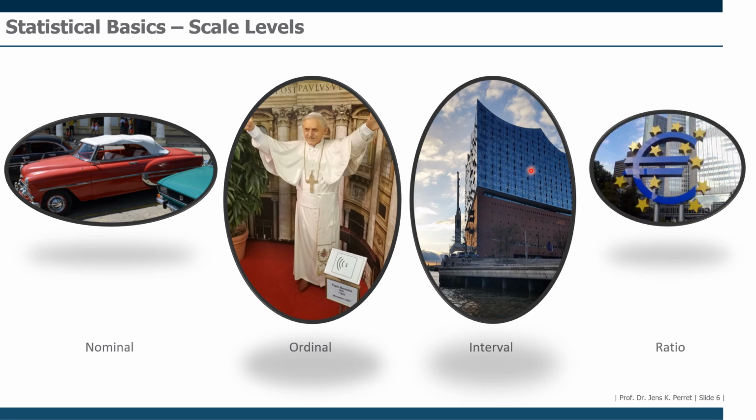That's different with ratio scaled data. With ratio scaled data, we have something called an absolute zero. There's like an income of zero. You cannot have a negative income, at least not in a sensible way. That's why we can say, well, that guy earns 4,000 euros, therefore he earns twice as much as someone who earns 2,000 euros.